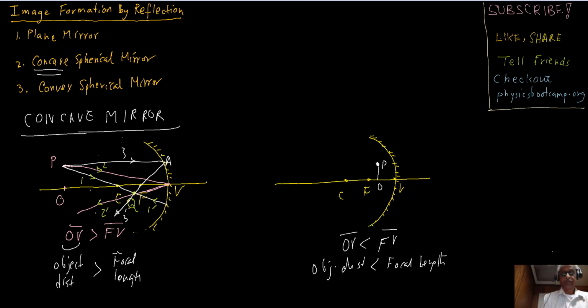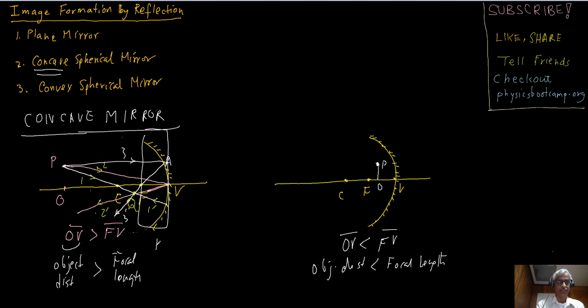Okay, so what we have done is this case where the object was outside the focal distance. So if you are within this distance, then a different phenomenon happens. If you are outside of that, then you get a real image.